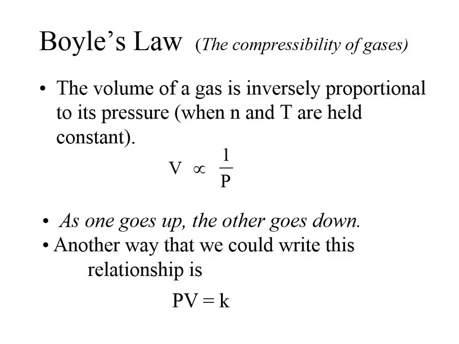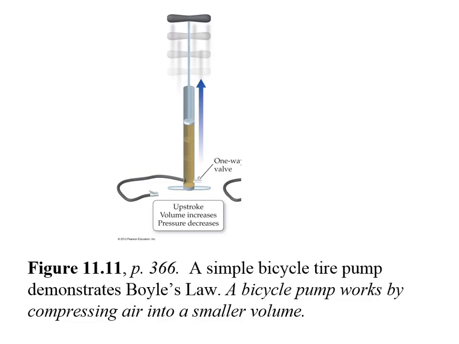So in the same system, assuming that temperature and number of moles are the same, if you multiply them together, you're going to get a constant. What does this mean? If the volume goes down, the pressure will go up. So multiplied by each other, they are this constant K. I'm just going to leave it a generic K for now. That's all that means. All right, that's Boyle's law. Some examples of Boyle's law.